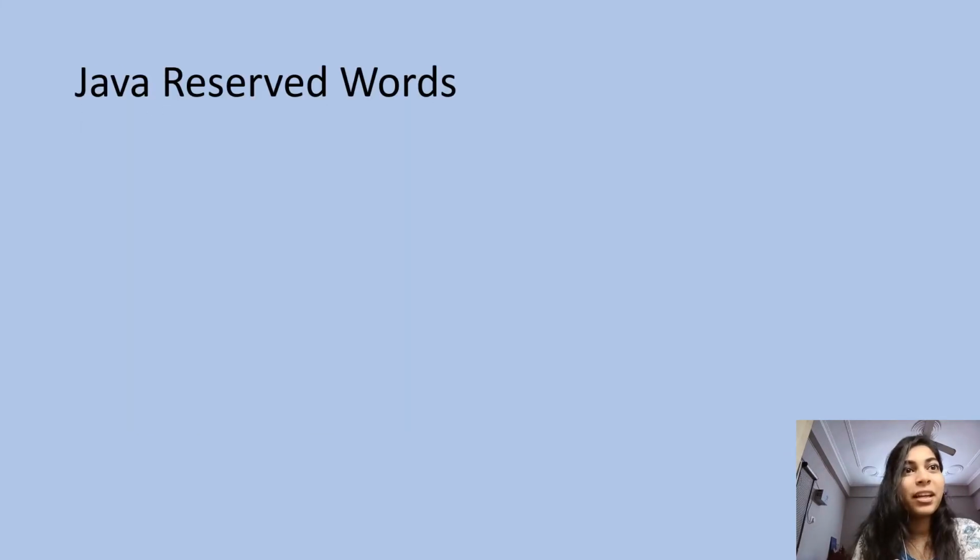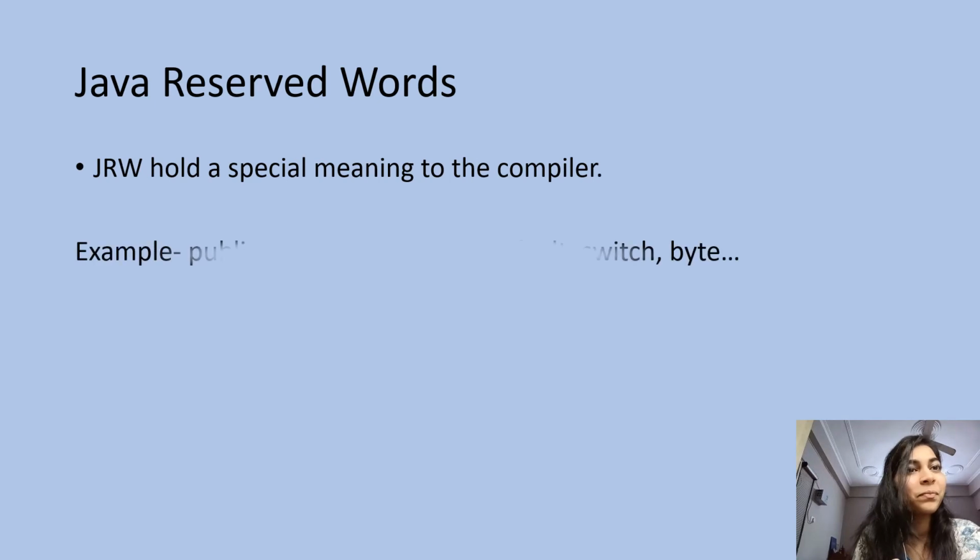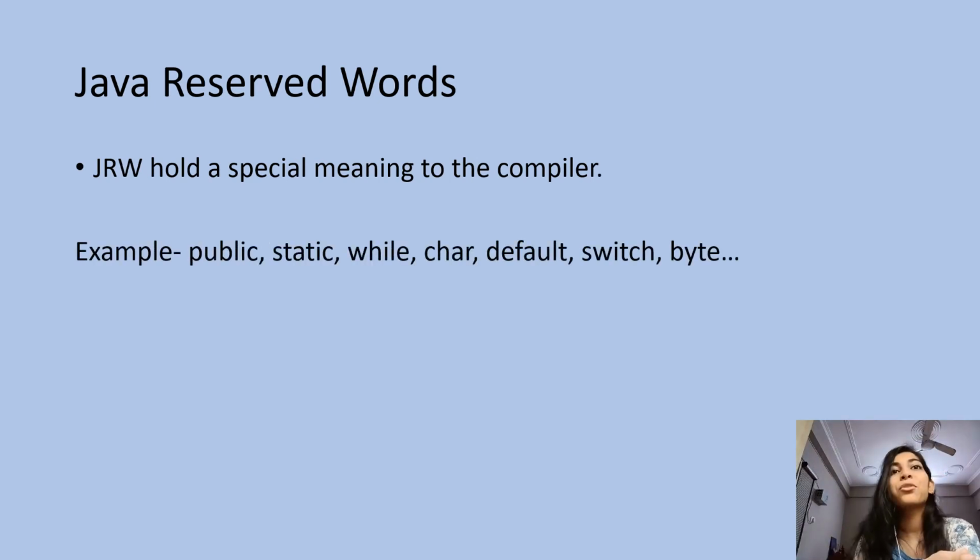Now let me get the data. And I told you that we'll discuss about Java keywords, Java reserved words. Now, here it is. And Java reserved words are simply keywords that are predefined and have a unique meaning and functionality in Java programming language.